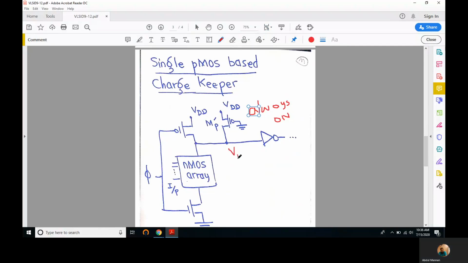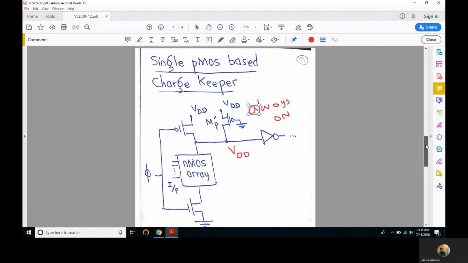VDD is available here. So at the drain of this MP prime, we have VDD, since the source is connected to VDD and the gate is connected to ground. It's on, and VDD is available at the output.